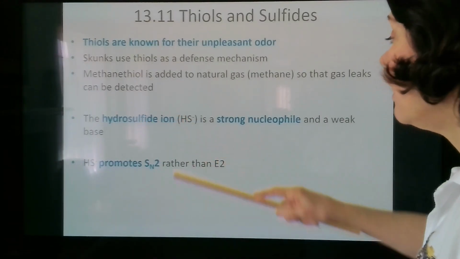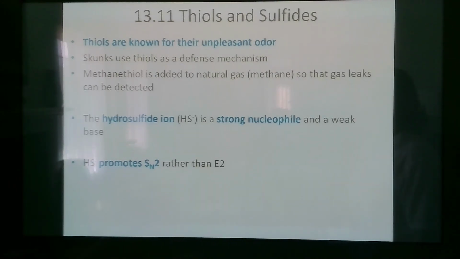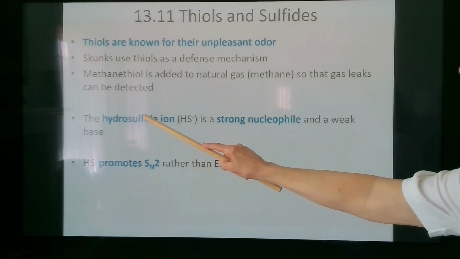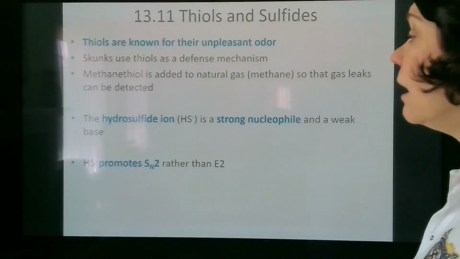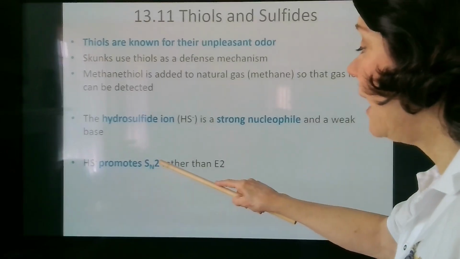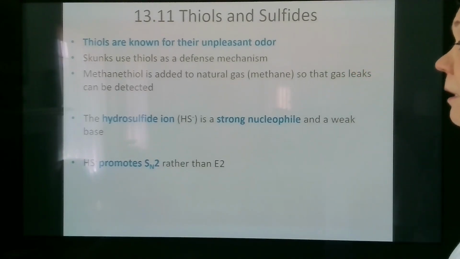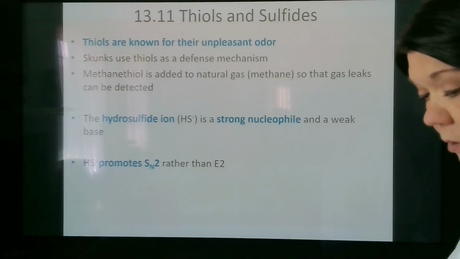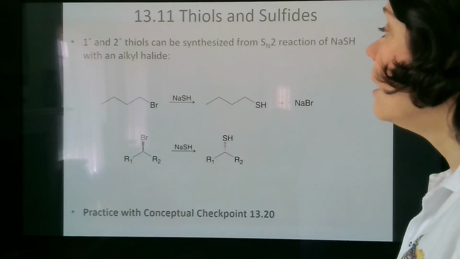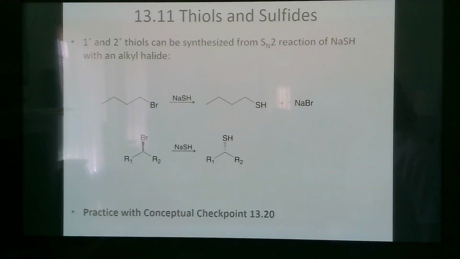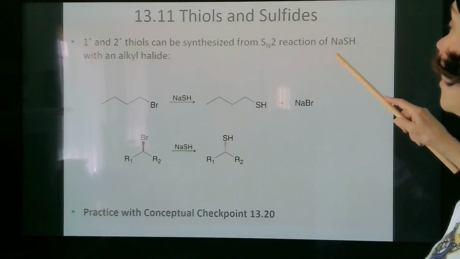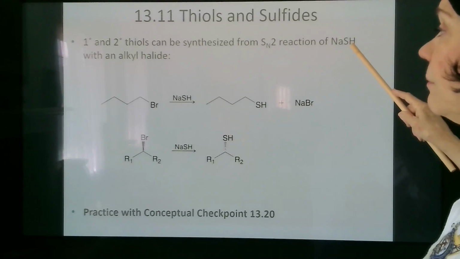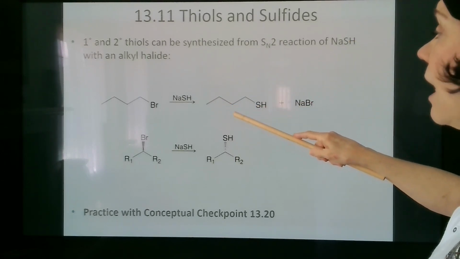The hydrosulfide ion is a strong nucleophile, but a weak base. It's a strong nucleophile because of its polarizability. HS- promotes an SN2 mechanism rather than E2, therefore. Primary and secondary thiols can be synthesized from SN2 reactions of sodium hydrosulfide with an alkyl halide.